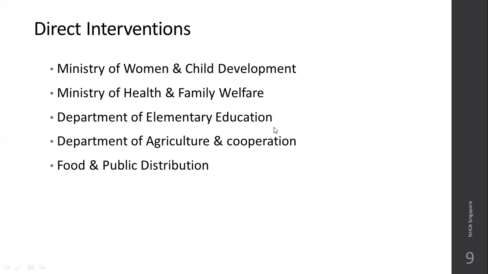So there is the targeted food distribution system, the ration shops and all. Antyodaya Anna Yojana comes under this. The Annapurna scheme also comes under this. So ration shops and streamlining come under food and public distribution.